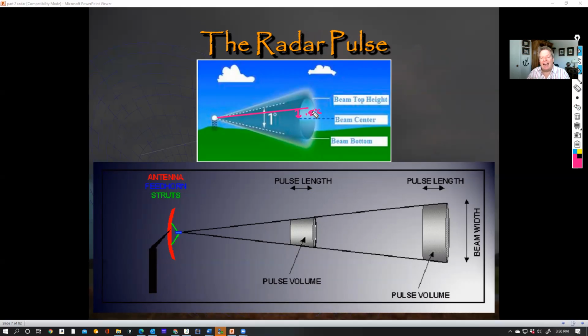So this half degree angle is what we call the base reflectivity at 0.5 degrees. So that's the lowest we look down. And then when we do a volume scan, we lift it up and create bigger and bigger angles. Now, if you look at your VCPs, you will see that we deal with different elevation angles.